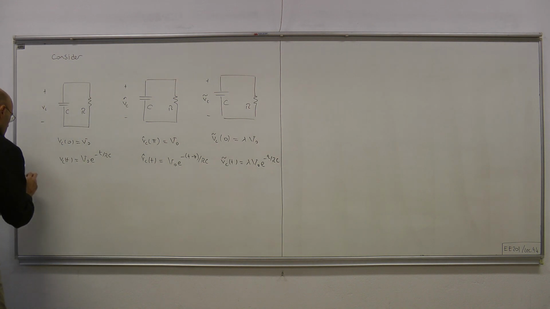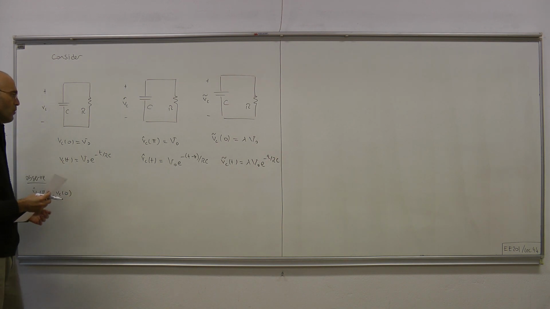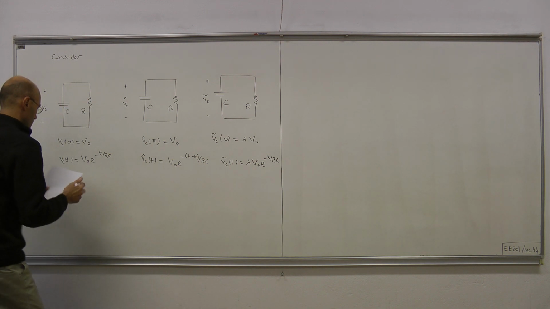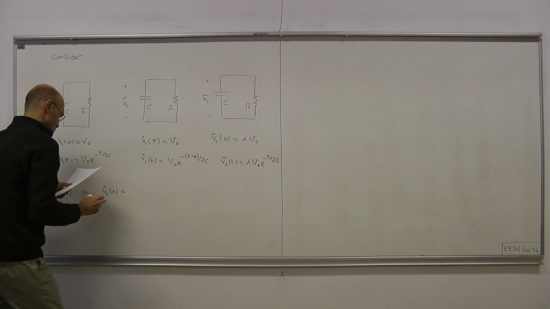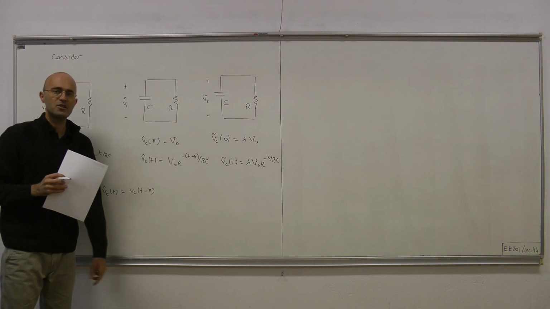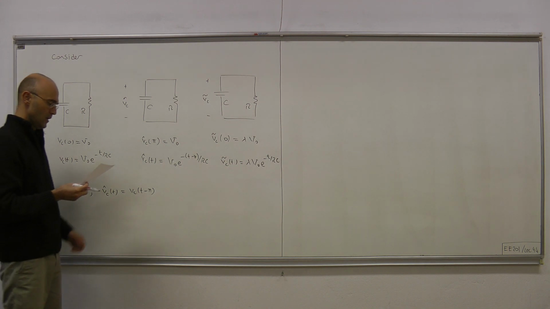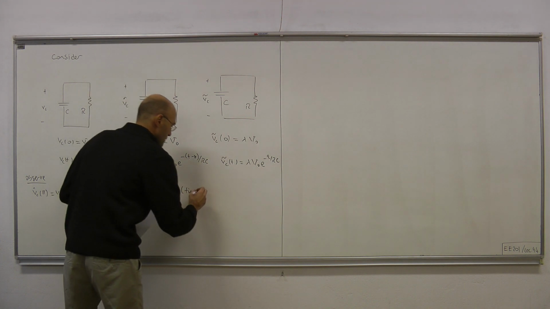So, for an LTI circuit, if you shift the initial time, all you have to do is shift the solution. VC hat of t equals, take the original solution and shift it pi seconds to the right. This is the result of time invariance.